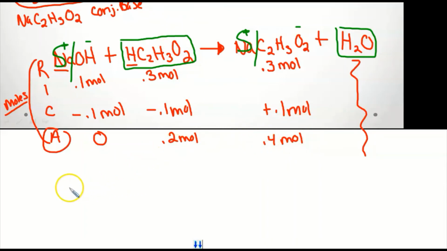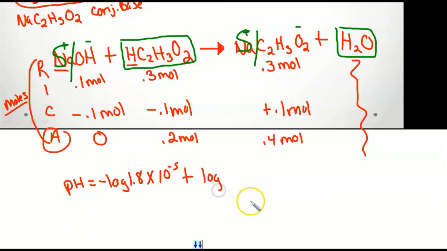So we're looking for pH. We can still use the Henderson-Hasselbalch equation. Negative log of the Ka, which is 1.8 times 10 to the negative 5th, plus the log of the base. This is the acid, so there's the base, which is 0.4 moles.